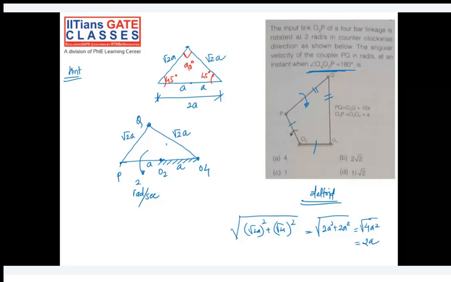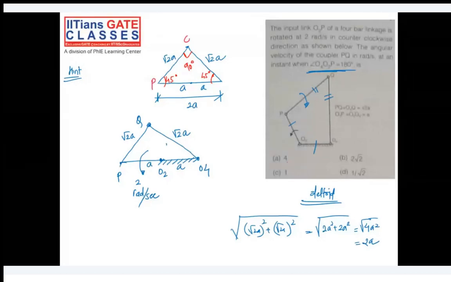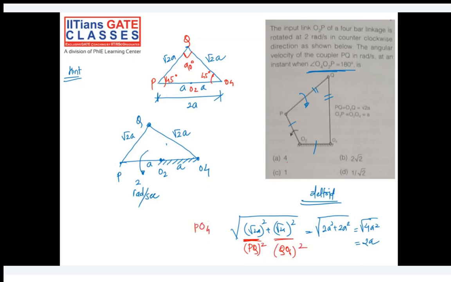because here also you can clearly see these are the opposite sides, which is PQ and QO4. O2 is here. So this is PQ square, and this is QO4 square. You should get PO4 will be equal to under root of this.